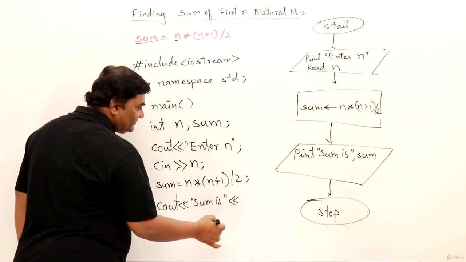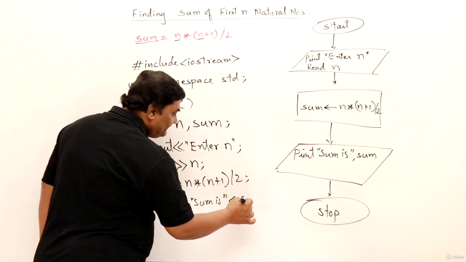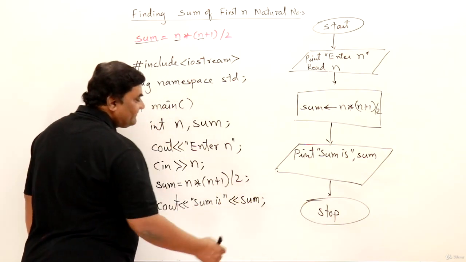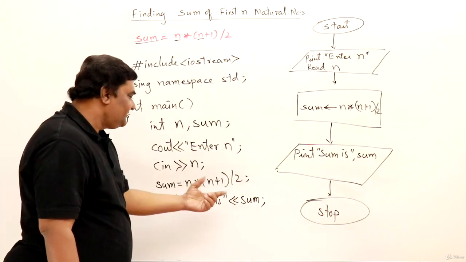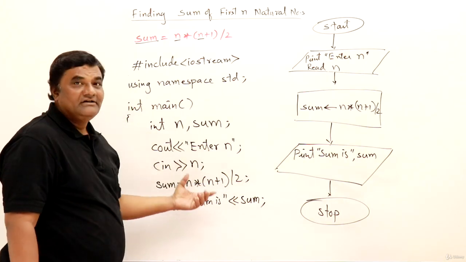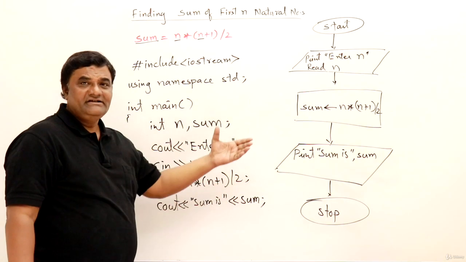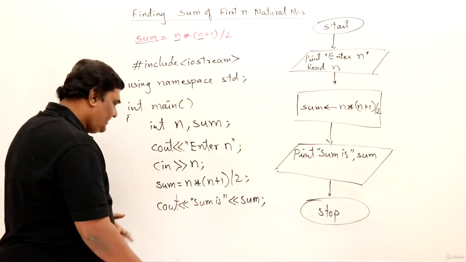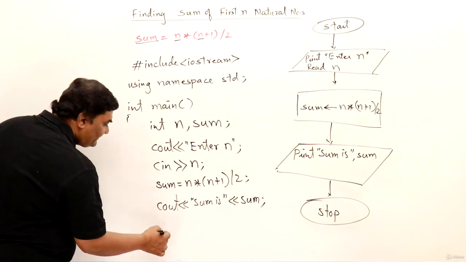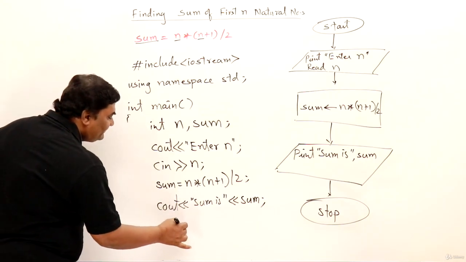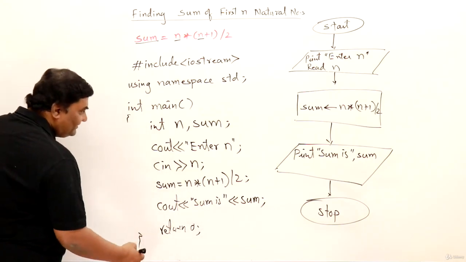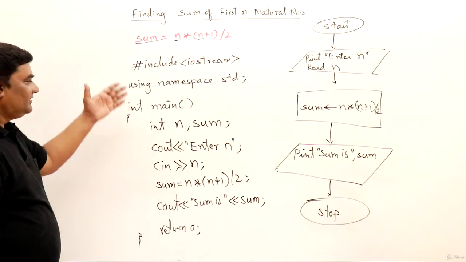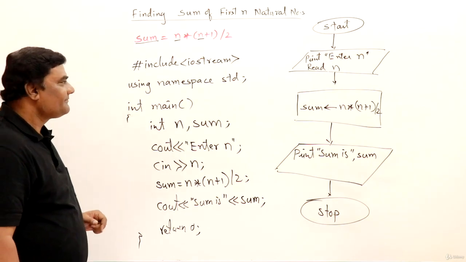Then again the insertion operator, and write the variable name, that is sum. This sum is a variable name, this is a part of the message, right? I can even write a complete message, sum of the first n natural numbers is so and so. Then after that, as we wrote int main here, we can write return 0 here, and that's all. End of this one. So this is the program.